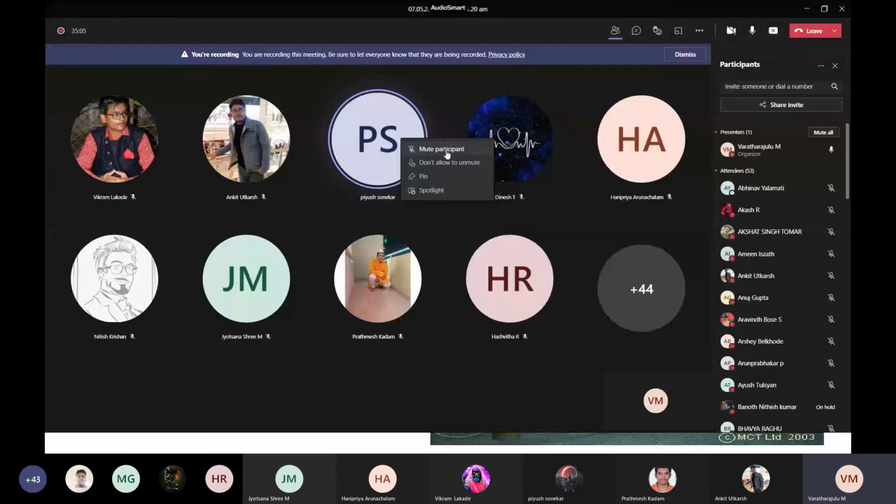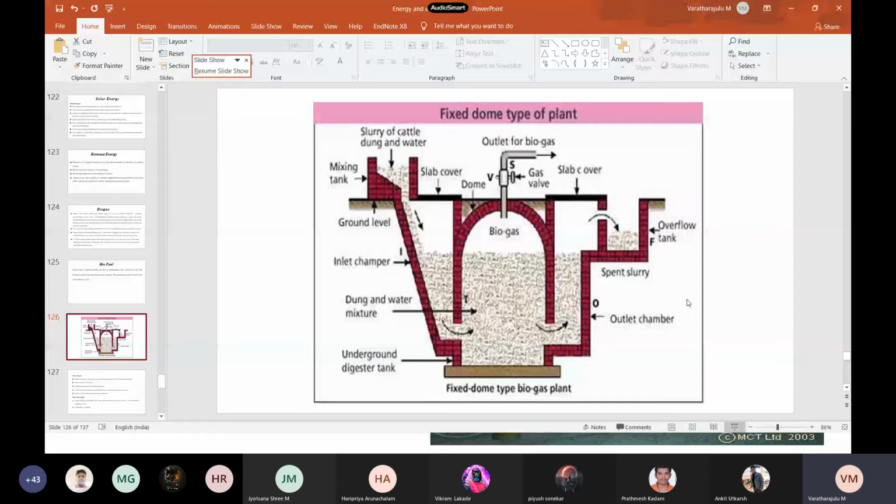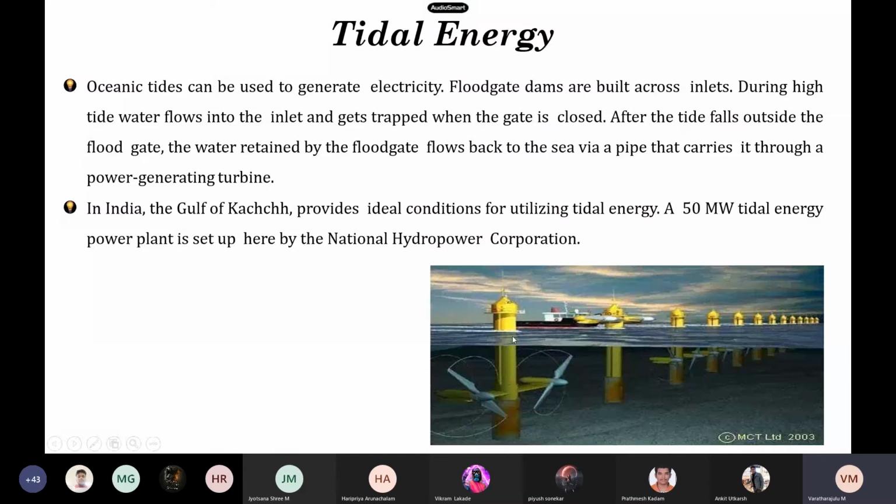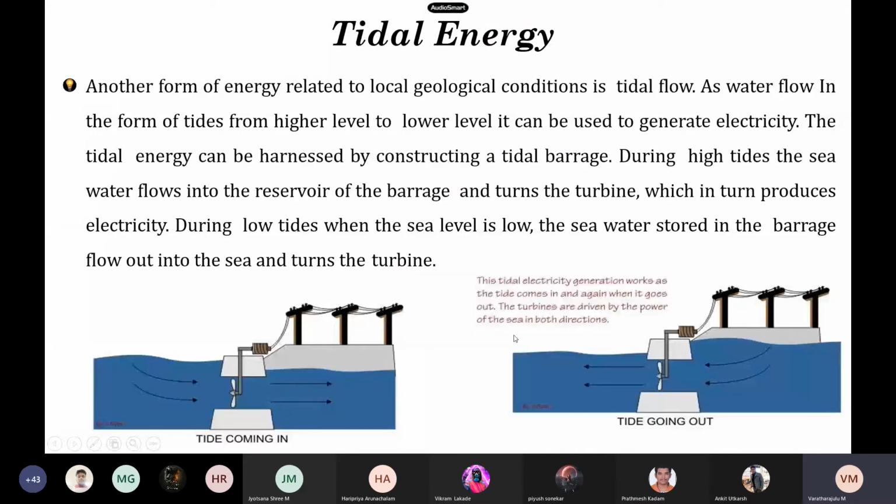Okay, this is the biogas plant and tidal energy, another form of energy related to the local geological condition. Tidal flow is water flowing from one side to another. We can utilize it through the prime mover and convert it into useful energy.